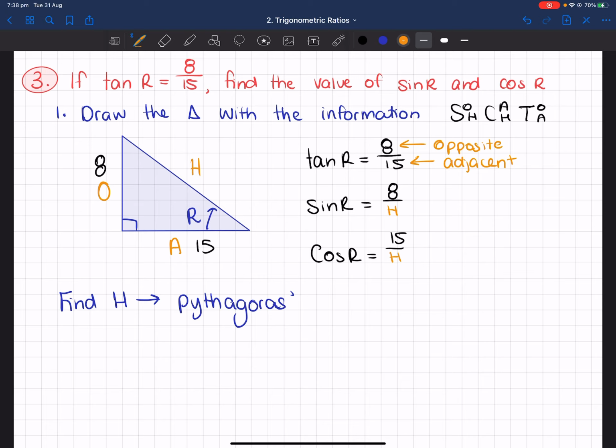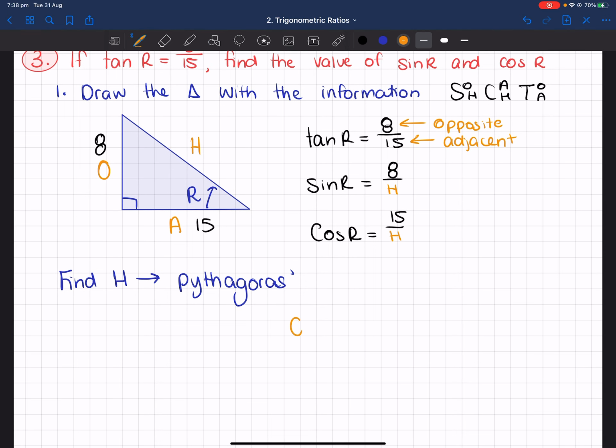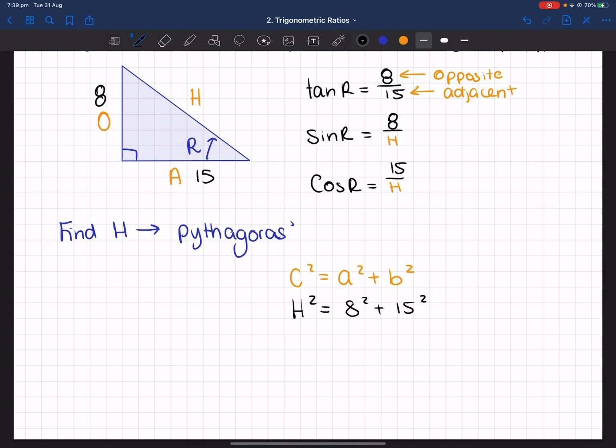Remember, H squared, or C squared, is equal to A squared plus B squared, where C is our hypotenuse. So we're going to have H squared is equal to, and it doesn't matter which order you do the other two in, 8 squared plus 15 squared. Putting that into your calculator, you get 289.